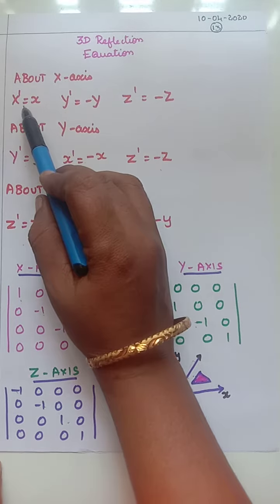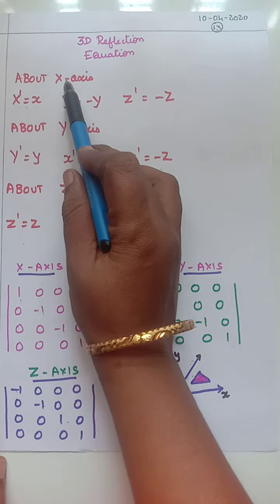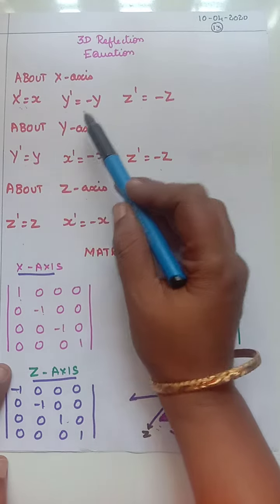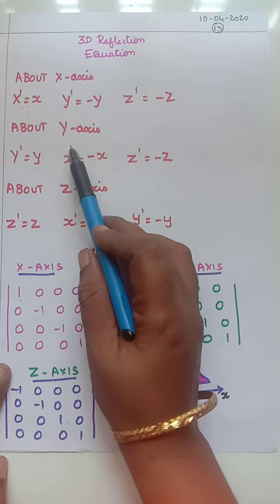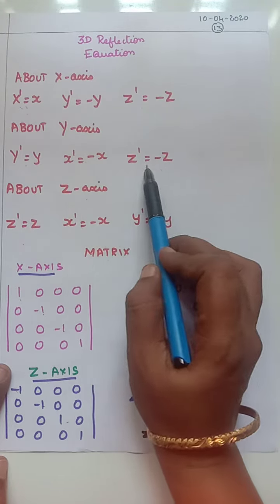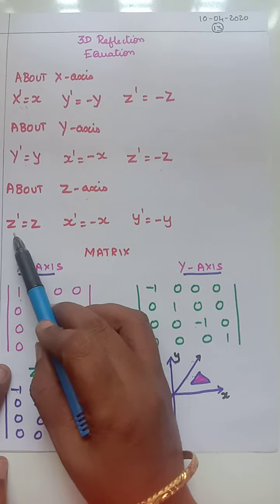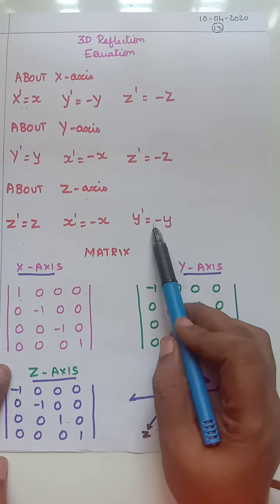And for x-axis reflection, 3D reflection can be given as: x is kept constant for x-axis reflection, whereas there will be a change in y and z. Similarly for the y-axis, y is kept constant, but there will be a change in x and z. Similarly for the z-axis, z is kept constant, but there will be a change in x and y.